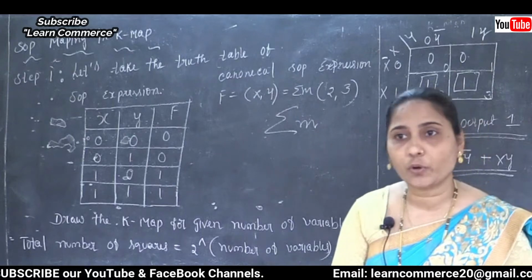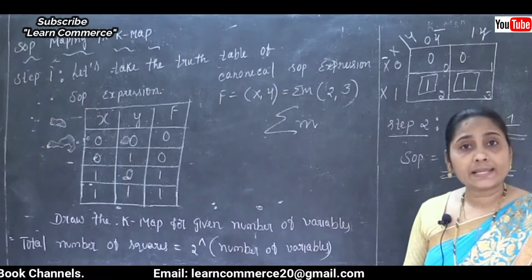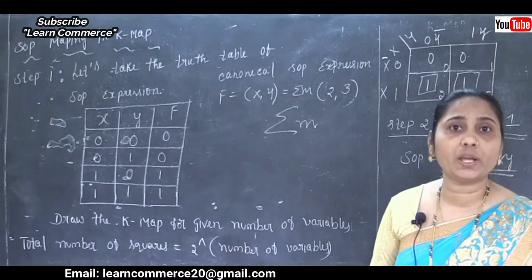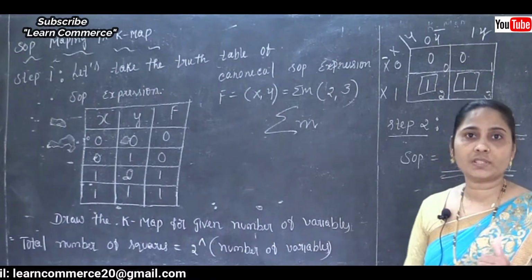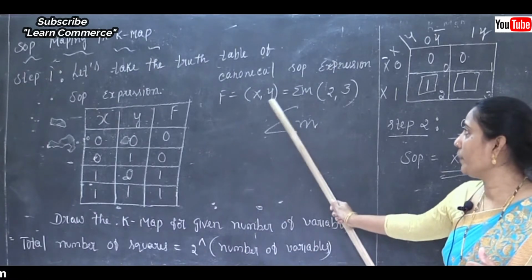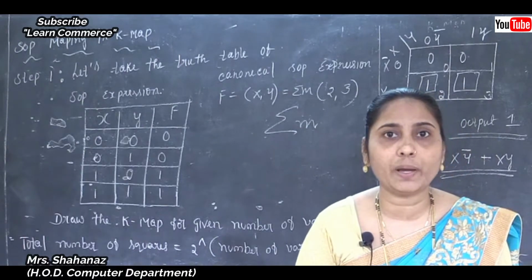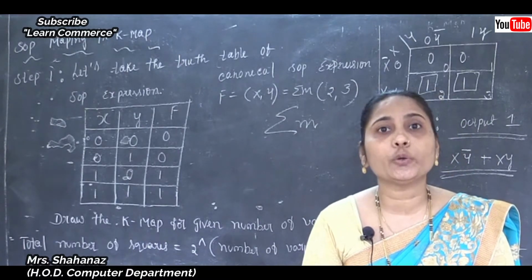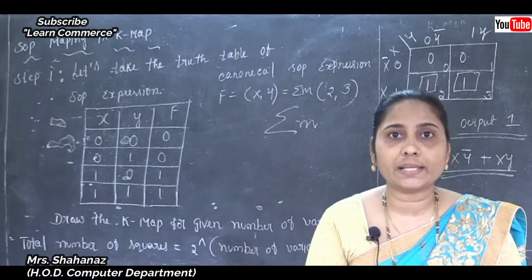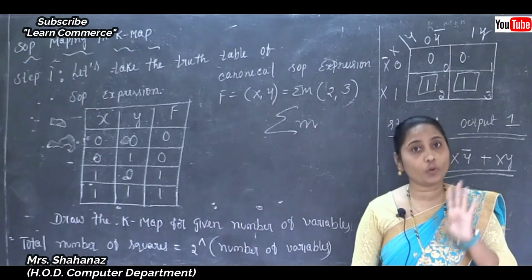To solve this program, in step 1 let's take the truth table of the SOP expression. We know how many variables there are: the number of variables is 2, named x and y. So 2 to the power of 2 is equal to 4 squares, and we also need 4 rows here.